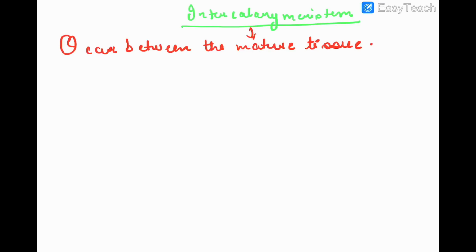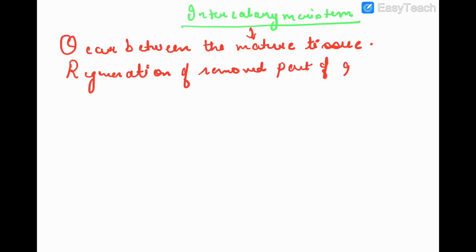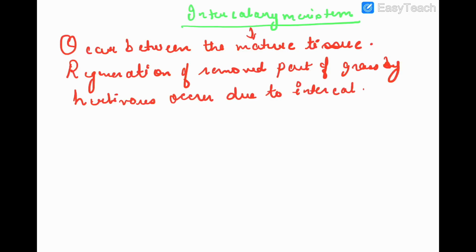And when herbivores graze away the grass, they remove the grass by eating, the grass regenerates with the help of intercalary meristem. So regeneration of removed part of grass by herbivores occurs due to intercalary meristem.